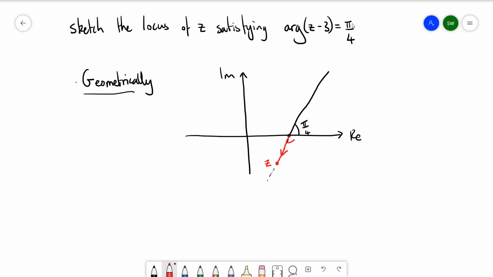Well, the argument of that complex number would be the argument of this angle here, which is actually 3 pi over 4. Now, actually, the argument would be minus 3 pi over 4 because we've rotated in the negative direction. So you can see that we can't be down here on this line.